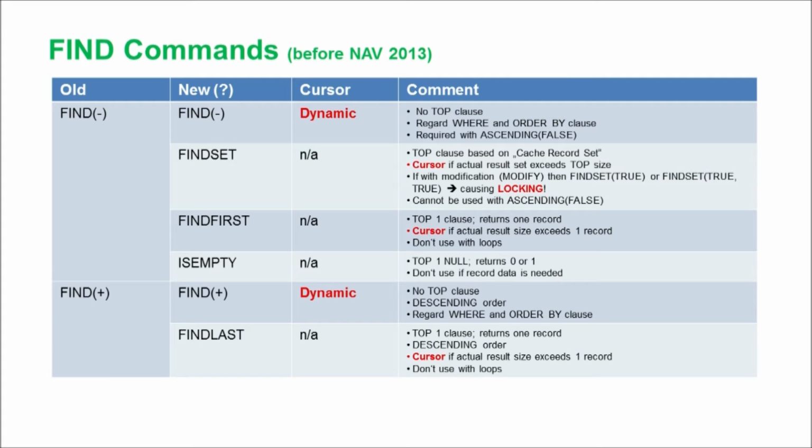In the old world we have a big issue called dynamic cursors. Some of these commands can create dynamic cursors, and a dynamic cursor prevents SQL Server from picking the right index, for whatever reason I keep secret today. These dynamic cursors suck big time, and they are often responsible for huge performance problems.